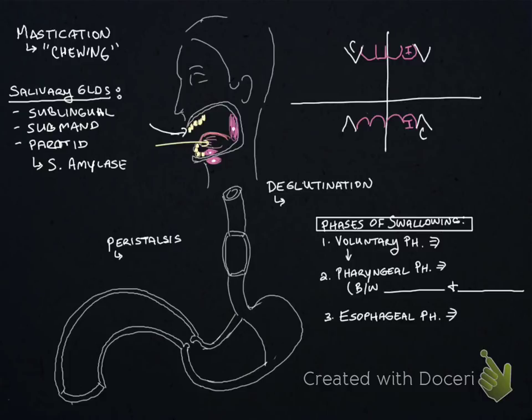Then we have 2 premolars per quadrant. So your premolars, or your baby molars, sometimes they're called. And then you also have 3 molars in each quadrant.